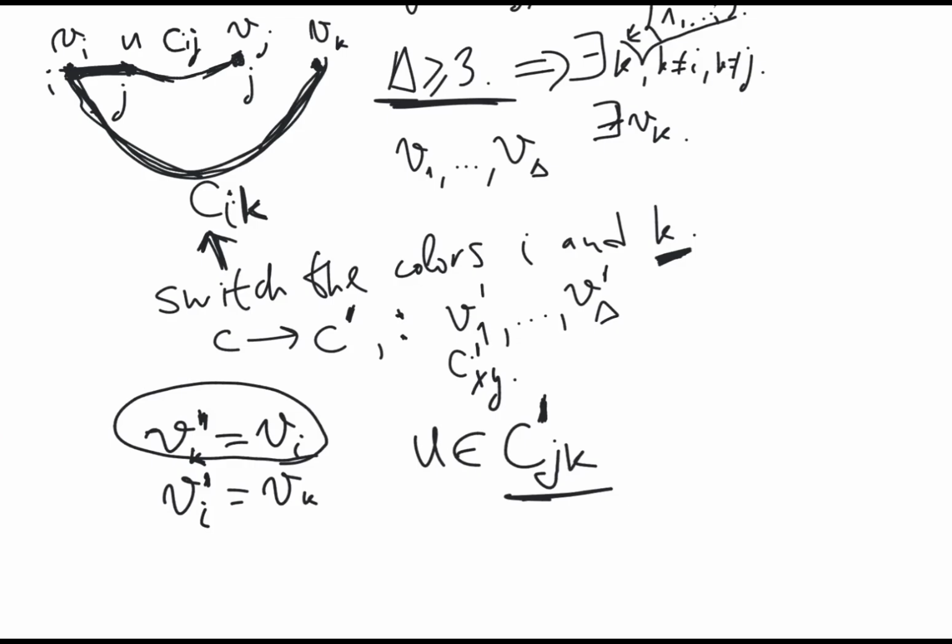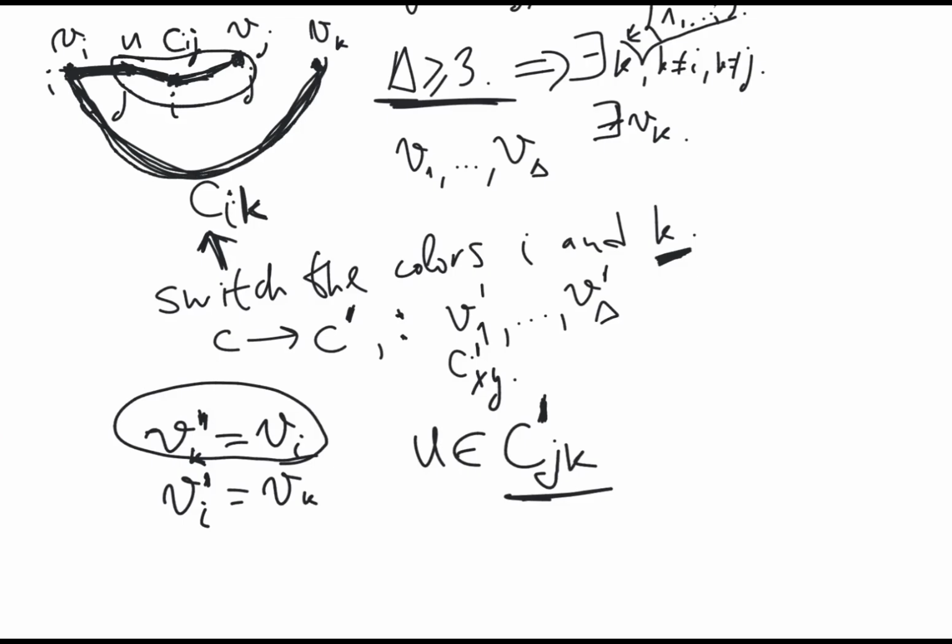There is at least one more vertex here, because both u and vj have the same color j. So there must be at least another vertex. The next after u has color i, because u cannot be directly connected to vj, they have the same color. So this remaining part of the path retained its color because it's not intersecting with Cik.